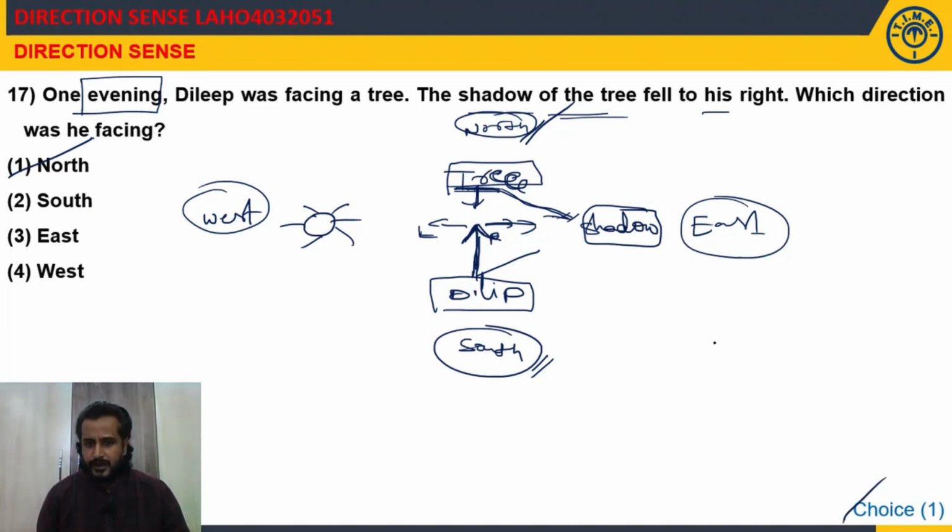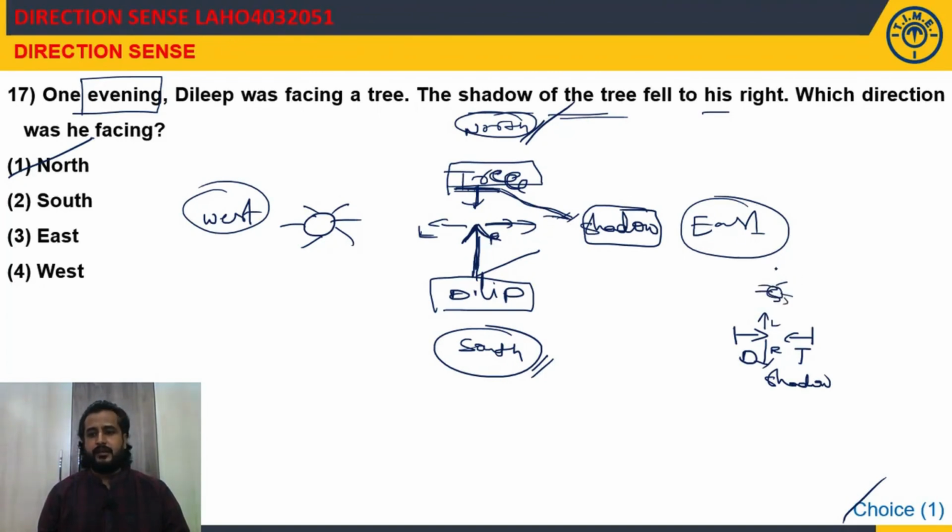Now if you take it like this also, no issue. Let me explain this also. Dilip and tree. So it is tree, it is Dilip. The clue: the shadow of the tree fell to his right. The shadow of the tree is on the right side of Dilip. Okay. So now here is the shadow. It is the right side and it is the left side. So the left side will be the sun.